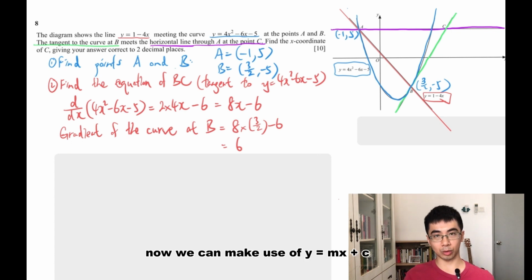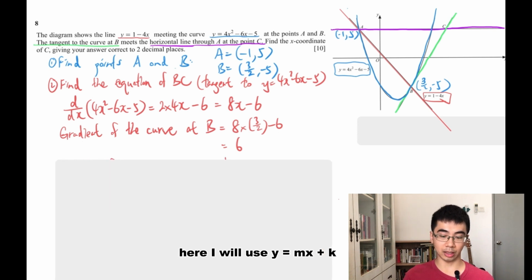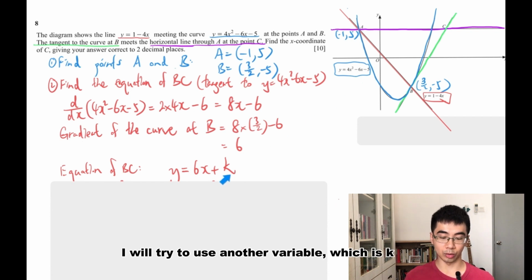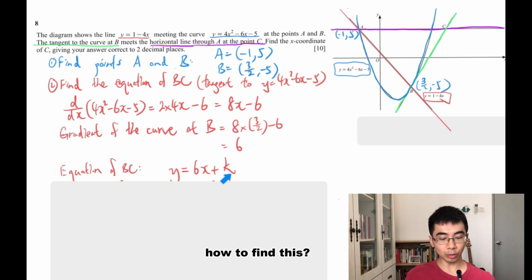So now we can make use of y is equal to mx plus c, but here I will use mx plus k because there is already a c, so I will use another variable, k, where the m, the gradient, is 6, and then k is the value we need to find out. So how to find this?